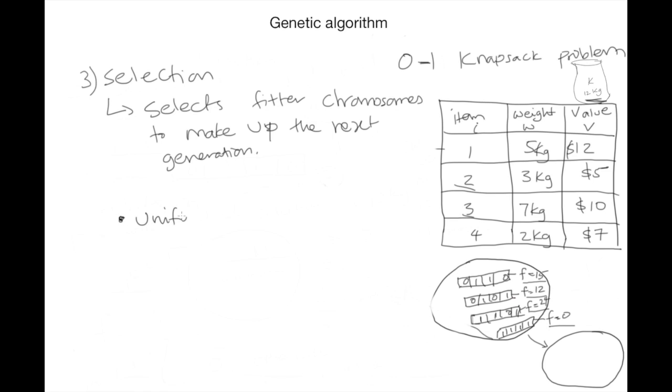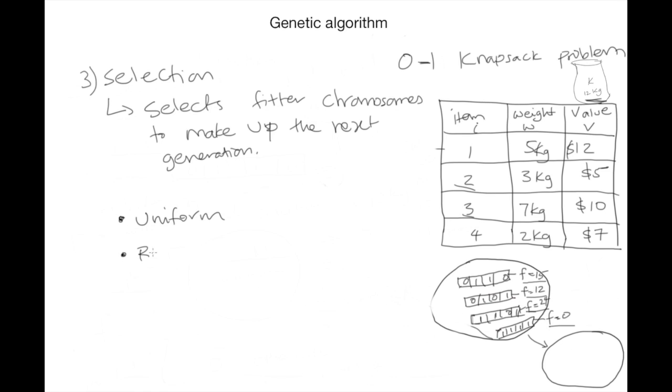One is called uniform selection, whereby each individual has the same probability of getting selected. This is generally not favored because what we want to do is give greater preference to stronger individuals to get selected for the next population.